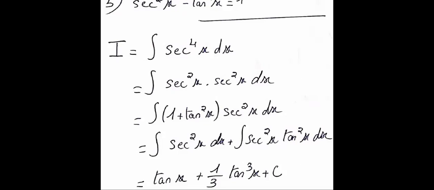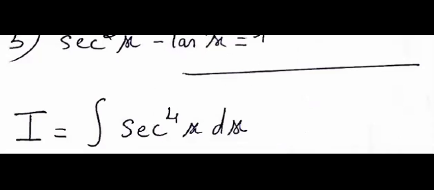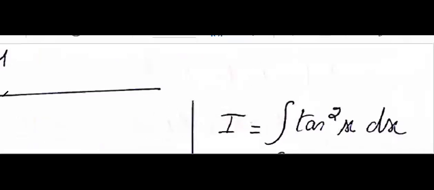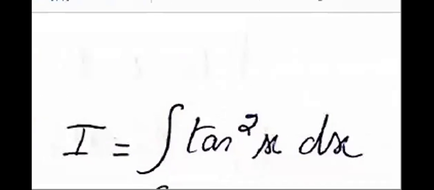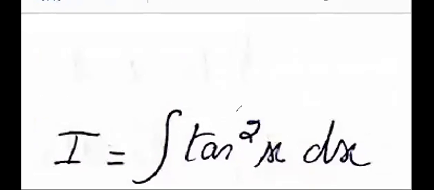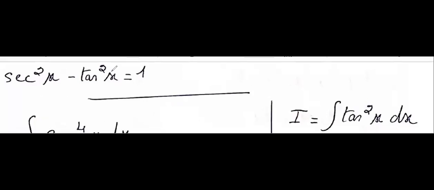Now let's see another integral, which is the integral of tangent squared. The integral of tangent squared alone wouldn't give me anything. So I should use this formula in order to find secant squared, which is the function that I'm searching for.